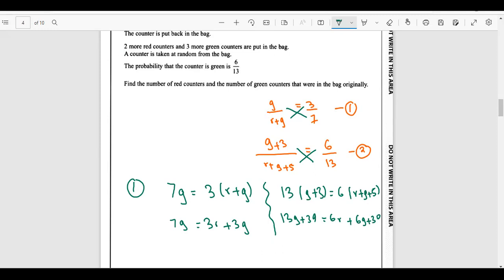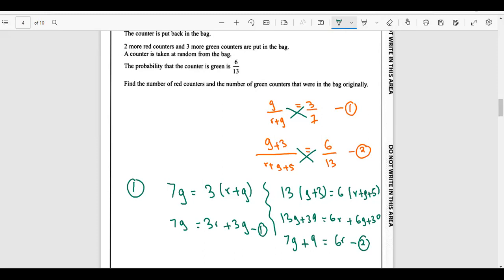Let's simplify this. So 13G minus 6G would give me 7G plus 9 equals 6R.